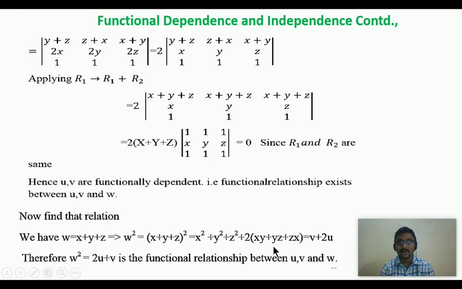Now taking 2 as common, that is 2 into xy plus yz plus zx. But substituting the given values, that is u is xy plus yz plus zx and v is x square plus y square plus z square. So we will have a unique relation between u, v, w, that is w square is 2u plus v. It is the relation between u, v and w.